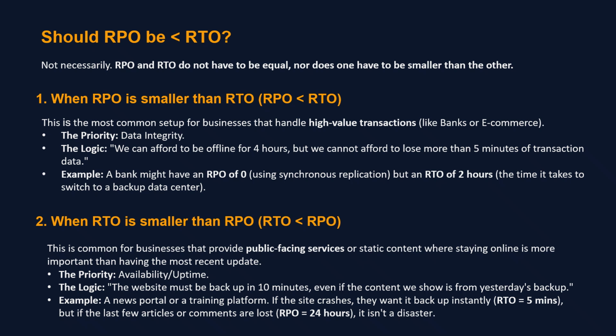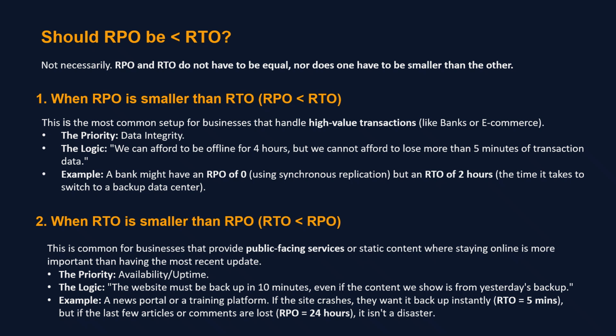Logic: we can be down for 4 hours if needed, but we cannot lose more than 5 minutes of transaction data. Example: a bank may have RPO equals 0 using real-time replication. They don't want to lose even one transaction. But RTO equals 2 hours to switch data centers. Here RPO is less than RTO, and that is perfectly fine.